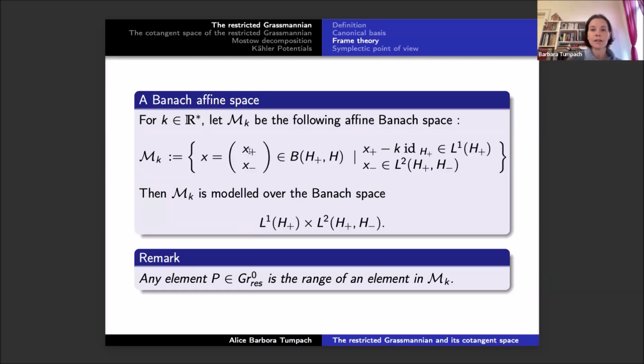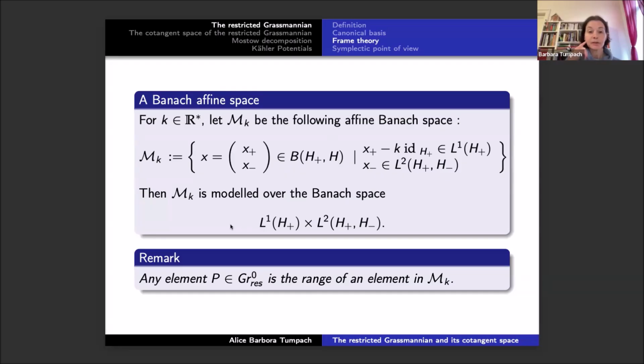So the upper block is of the form K times the identity plus trace class, where K is a non-zero number. You can take K equal to 1 if you want; it doesn't really matter for the rest of the talk. And the lower block is Hilbert-Schmidt. So this space is an affine space modeled on a Banach space: L1 for the upper block, and L2, Hilbert-Schmidt operators from H plus to H minus, for the lower block.